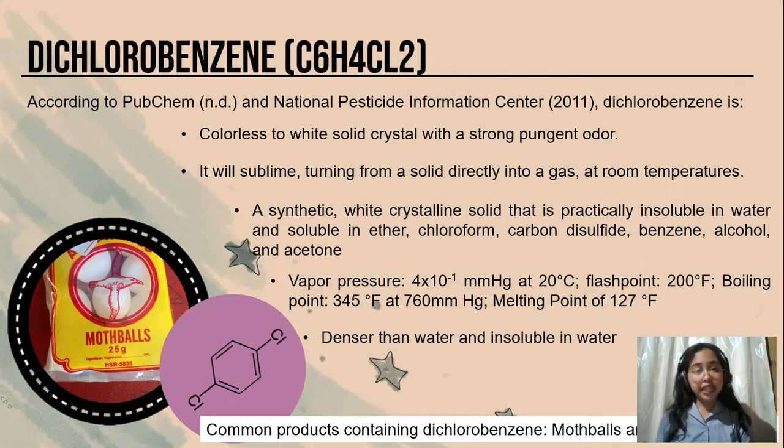The meaning of flash point is the lowest temperature at which a chemical can vaporize to form an ignitable mixture in air. The lower the flash point, the higher the flammability. Dichlorobenzene has a boiling point of 345 degrees Fahrenheit at 760 mmHg, or millimeters of mercury, and a melting point of 127 degrees Fahrenheit.